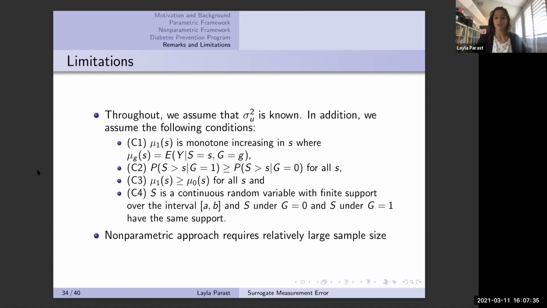And I know there's work by others, including Mike, looking at how to assess sensitivity to violations of these assumptions. I think that's such an important area of work because these are assumptions that I've had to make across all of my surrogate marker papers and can't really seem to get around them. It's much like the work looking at sensitivity to unmeasured confounders.